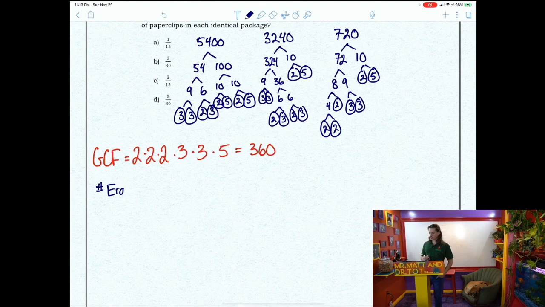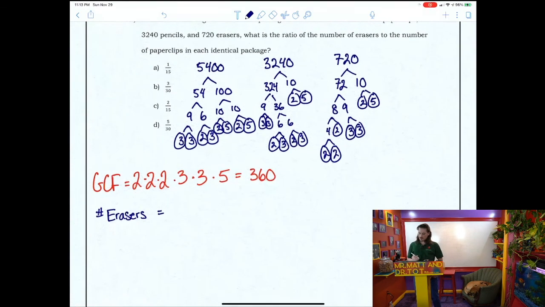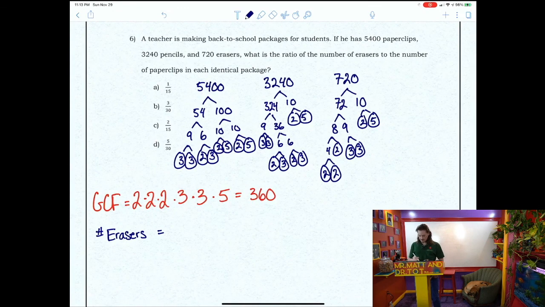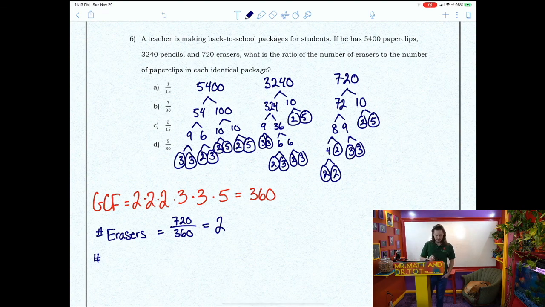So there's going to be 2 erasers in each identical package. The number of paper clips is going to be equal to the total number of paper clips that we started with, 5400, divided by the number of identical packages that we're able to make. 5400 divided by 360 is 15.